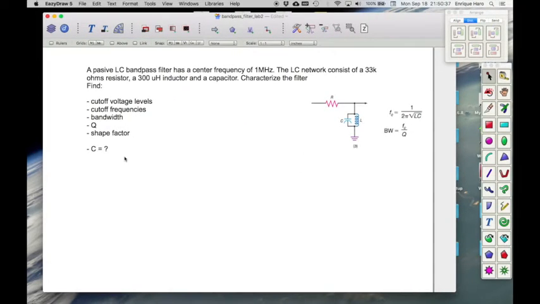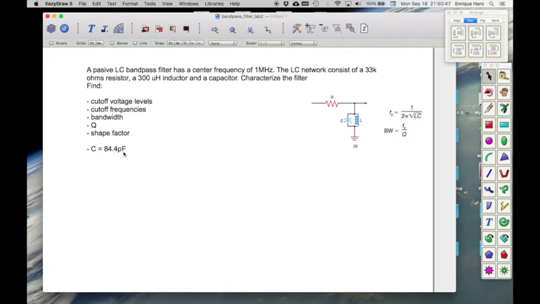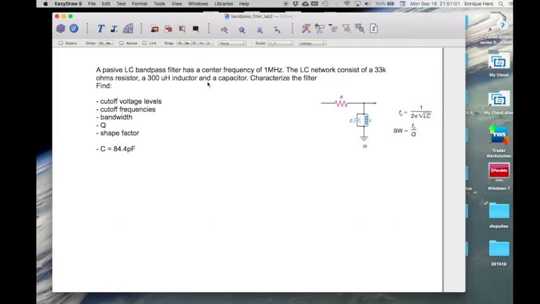So we have 84.4 picofarads. Now that we have the value of our capacitor, then we can work on the schematic.